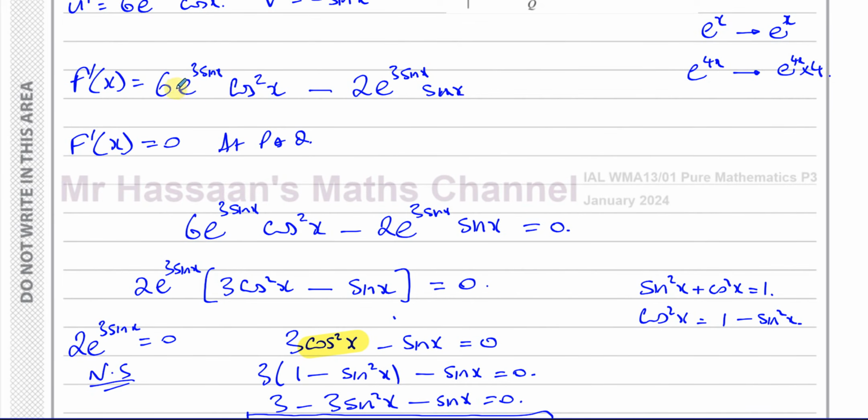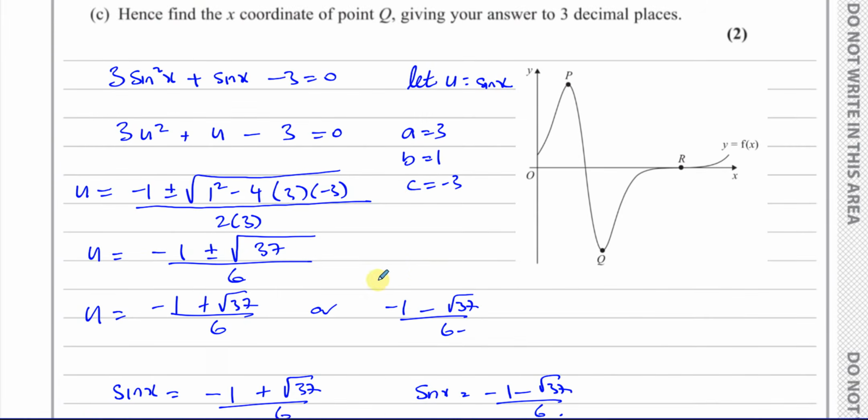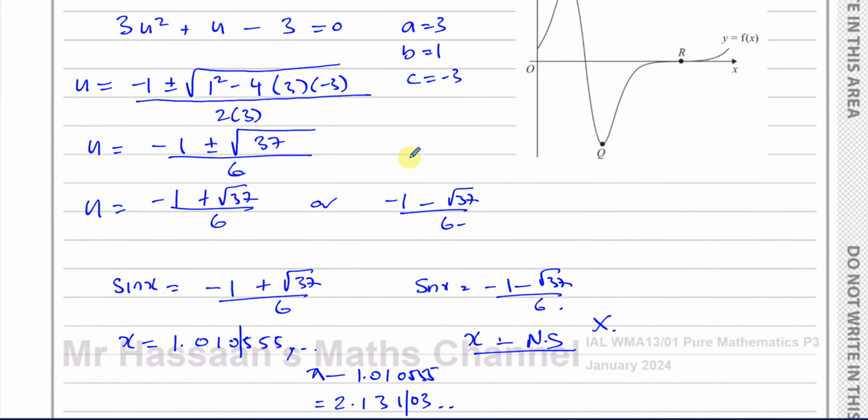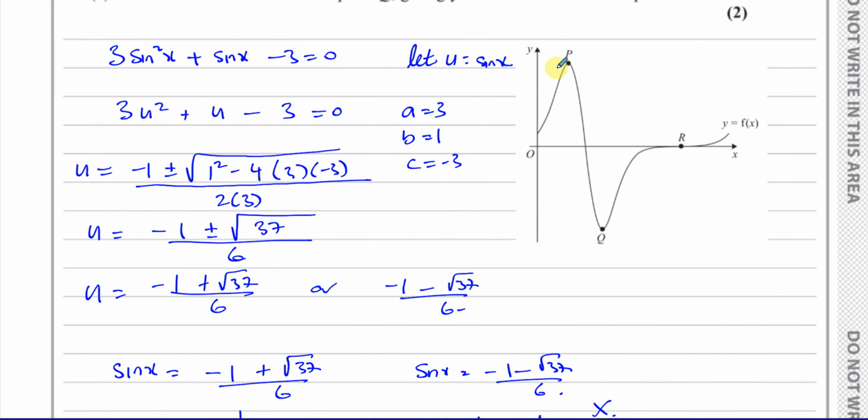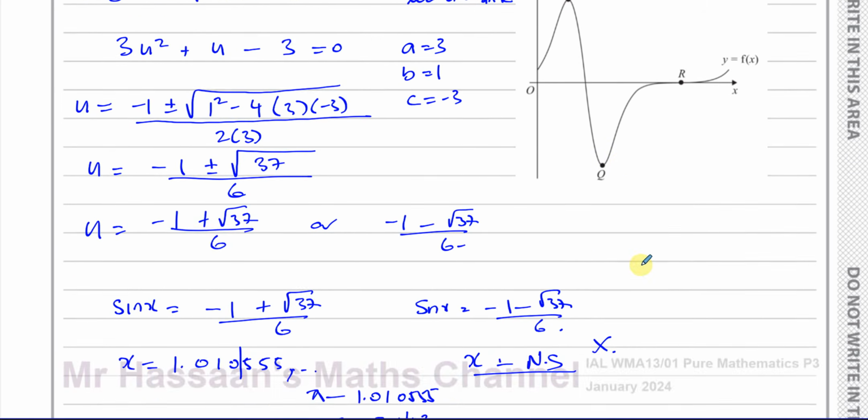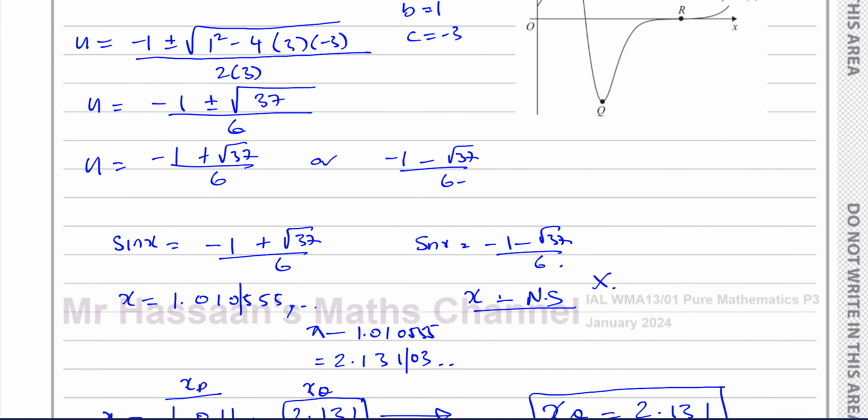We could use the first differential and substitute a value just before and just after the turning point to verify that it goes like this and then like this, a negative gradient then a positive gradient. But again, that's a lot of hassle. It's much easier to just solve the equation and understand that the first solution is going to be the maximum and the second solution the minimum, because the maximum comes before the minimum. So that hopefully explains part C.